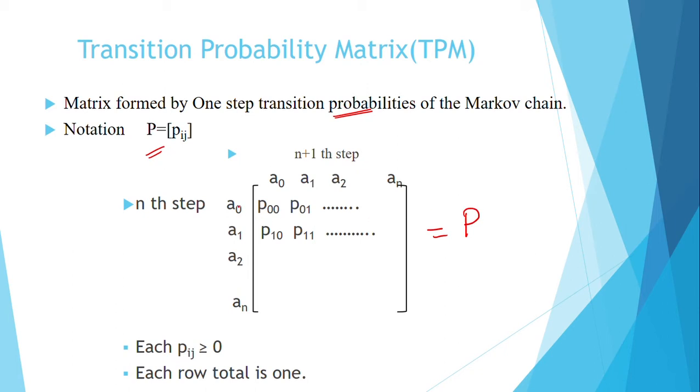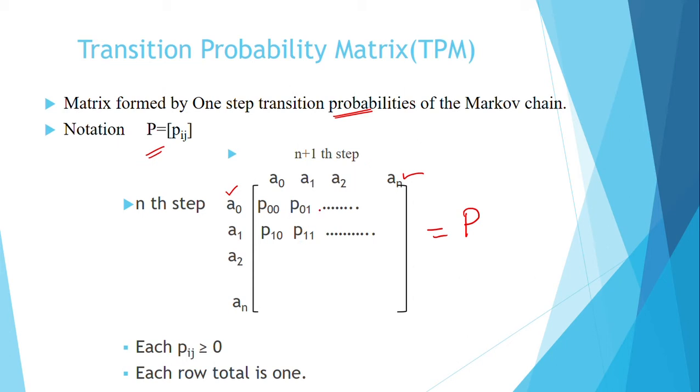Here, the states A0, A1, A2, An, which are written on the left of this matrix, represent the present state, or the nth step of the process. And the states A0, A1, A2, An, which are written on the top of the matrix, represent the next step, or n plus 1th step, or you can say the future state of the process.